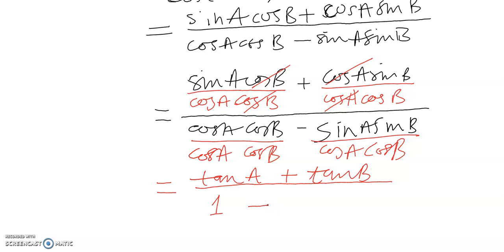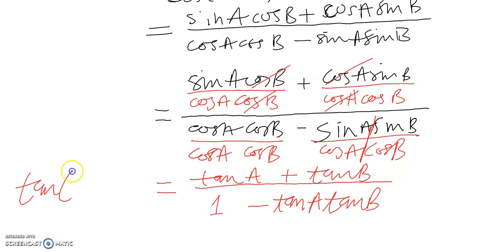Then sin A sin B over cos A cos B gives us sin A over cos A and sin B over cos B, which then gives us tan A tan B. And this is the identity for tan A plus B. Verified.